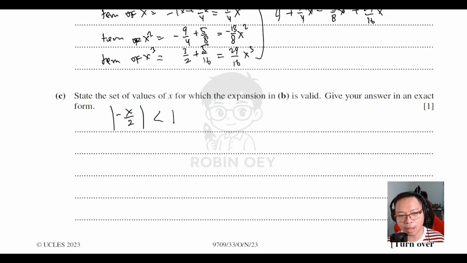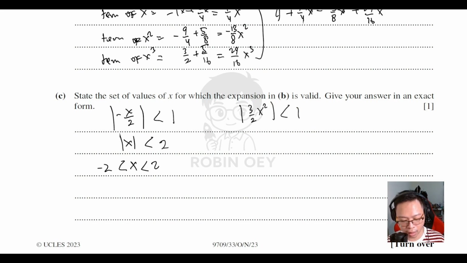So in this case, the first part is x less than 2. So this means x is in between 2 and negative 2. The second part, we have 3 over 2x squared, again must be less than 1.